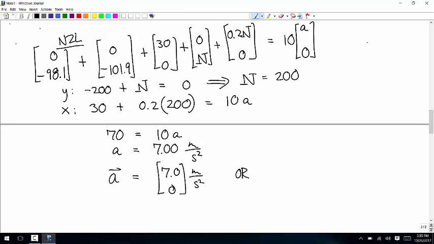That's in the positive x direction, so you could also write it as a vector this direction with a magnitude of 7.0. So is this box speeding up or slowing down? Slowing down, and is it slowing down more or less than in the first case? More. That acceleration magnitude is bigger, so it's slowing down faster.